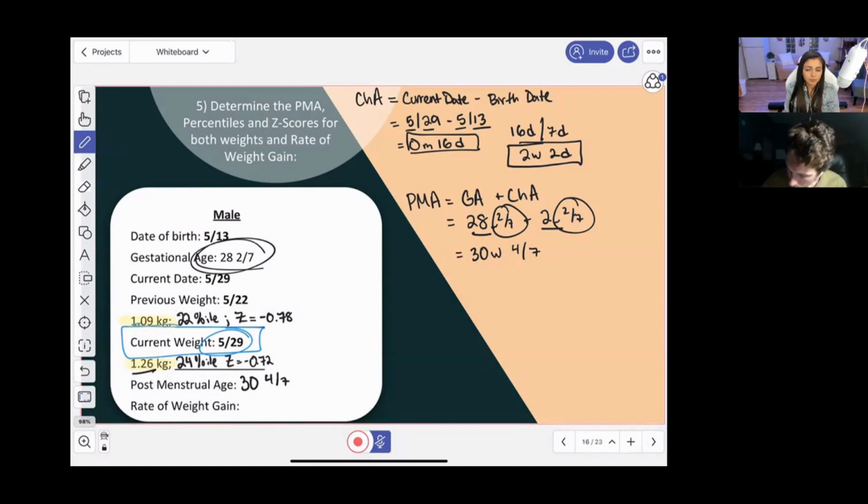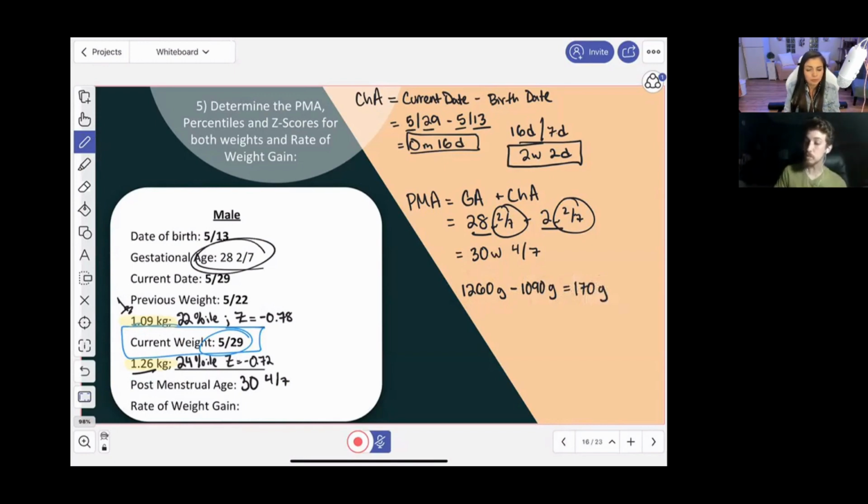So 1.26 kilograms is the same as 1260 grams, minus the 1.09 kilograms, which is 1090 grams, which is equal to 170, I believe. Let me double check. 1260 minus 1090 is 170, yeah. Perfect.